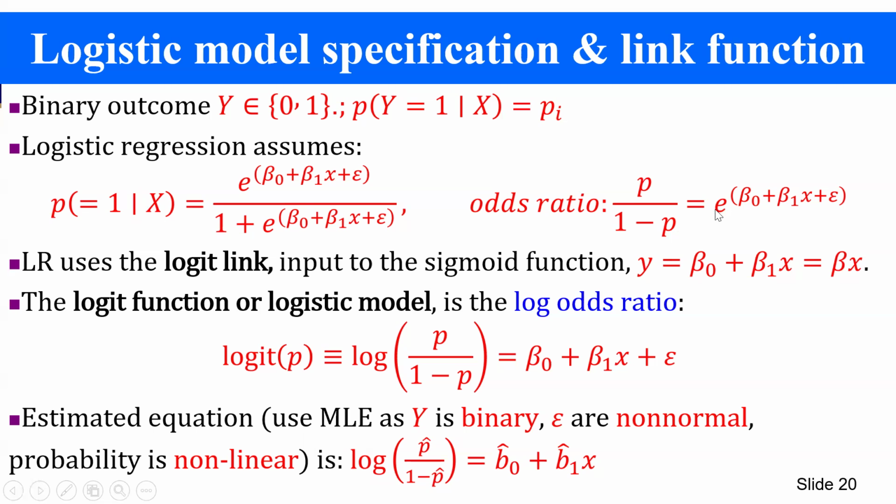This will be equal to the exponent of the simple regression process. This time I've added an epsilon. Now, what the logistic regression will do is use a logit link, which is the input to the sigmoid, which is this. That is why we call it the logit function or logistic function, because it's using the log.